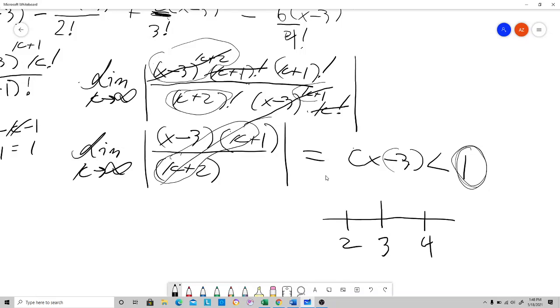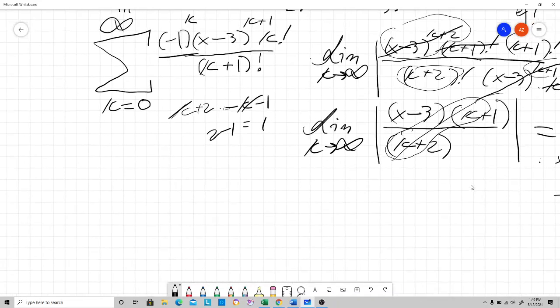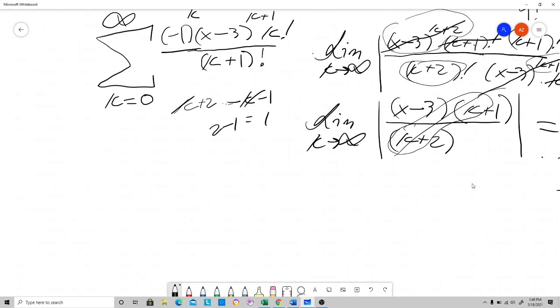Okay, so now we need to test if these endpoints are included in the radius of convergence, and after that we will be completely done. To test that, let's start with 2. So if x is equal to 2, what we should do is use this x that was in the original power series and plug it in.